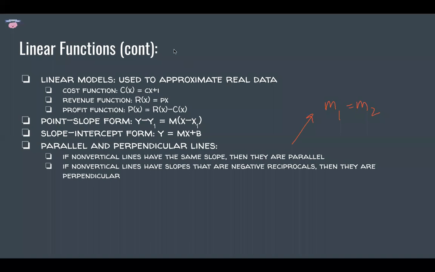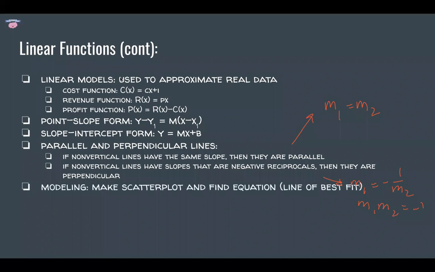If non-vertical lines have slopes that are negative reciprocals, basically m1 is equal to -1 over m2, so m1 times m2 is equal to -1, then they are perpendicular. Let me get rid of those for a second. I hope you took notes.